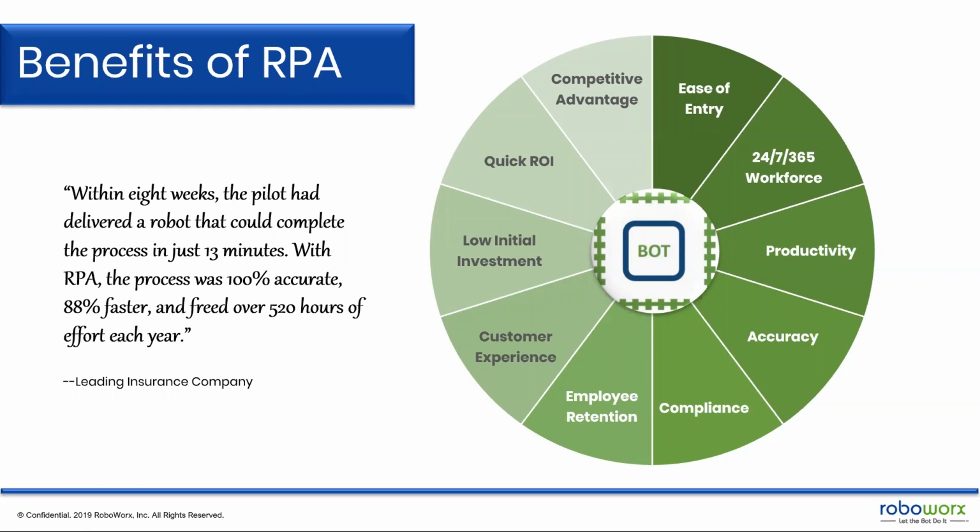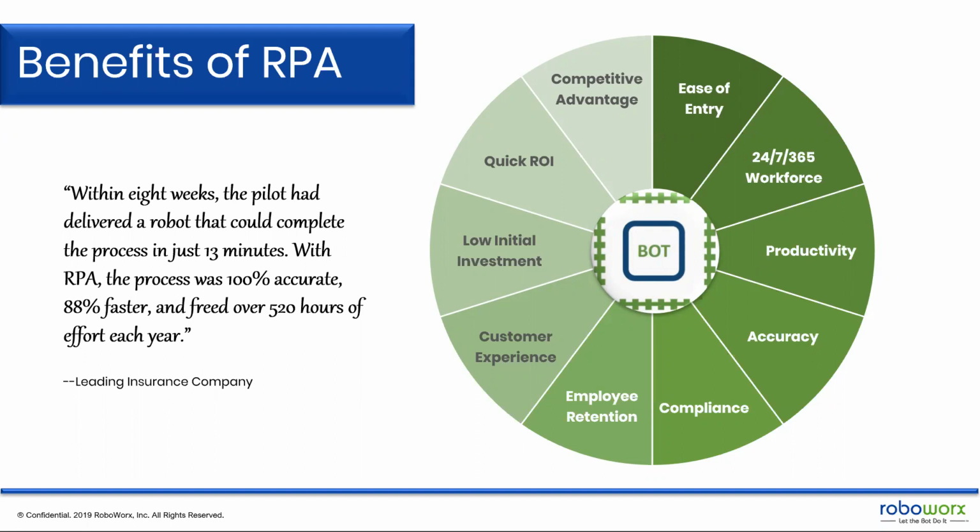And then all these other things follow along with it, right? You have happier customers. Why? Because things are being produced faster. There's less mistakes. There's more automation. You can respond to customers quicker, and you can start to offer them more products and services because you've got people freed up to work on these more strategic projects. I mentioned the low initial investment, and because of all that, you can get a quick ROI.